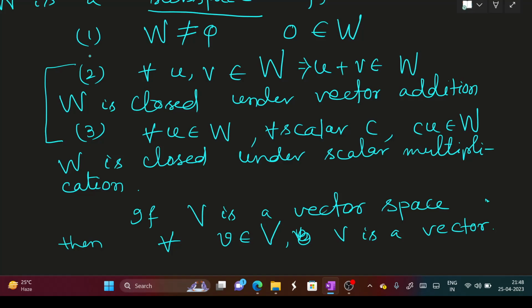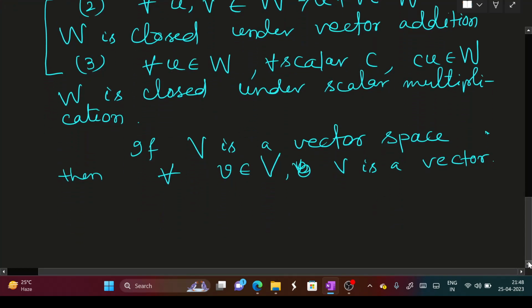Okay, so we got some idea regarding vectors. That is, any element of a vector space is a vector.